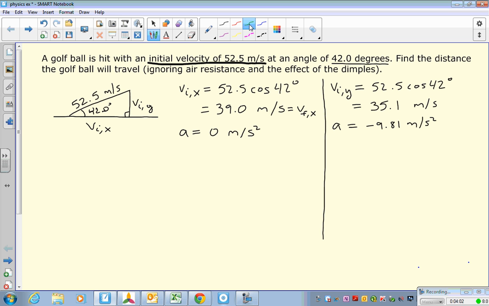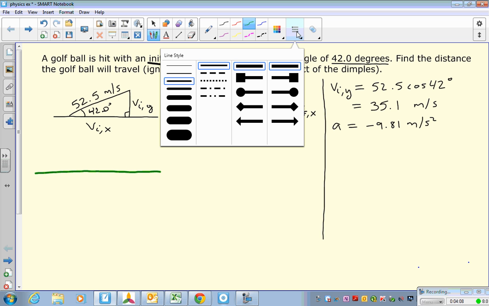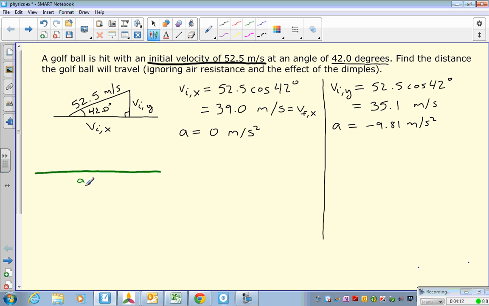So if I want to draw a diagram off to the side here, if this is my ground, got a thick line here. I imagine this is the ground and it's on a fairway, so I'm using green. And my golf ball is starting on a tee. I'm going to end up hitting it. It's going to follow a parabolic trajectory, which means it's going to look like a parabola or a curve. And eventually it's going to fall back to the ground.